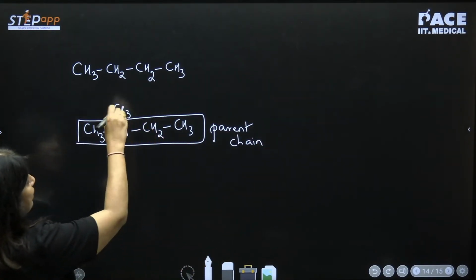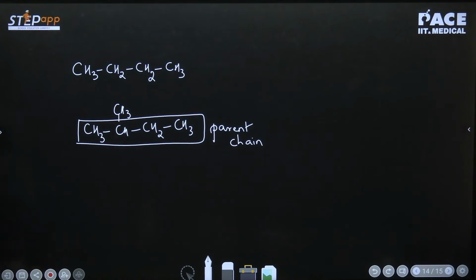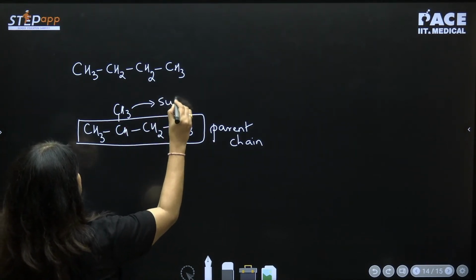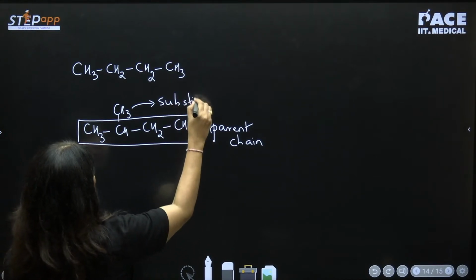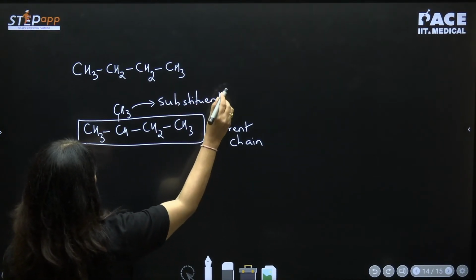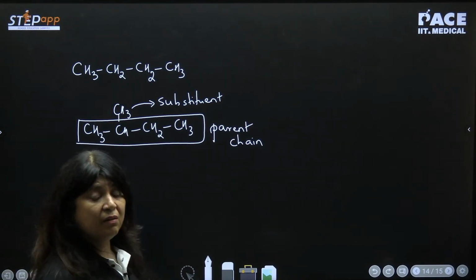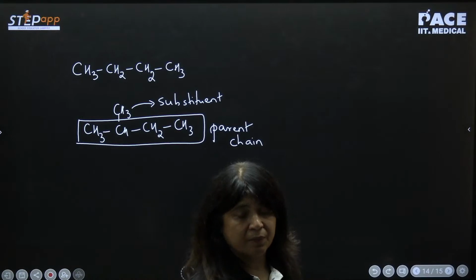Now this carbon is not a part of the parent chain, so this becomes the substituent.